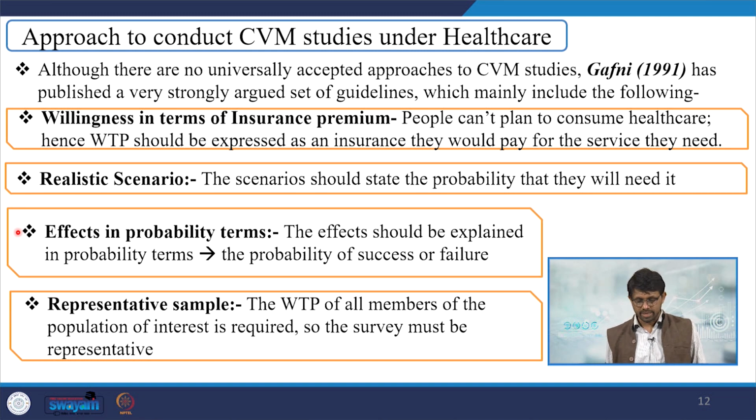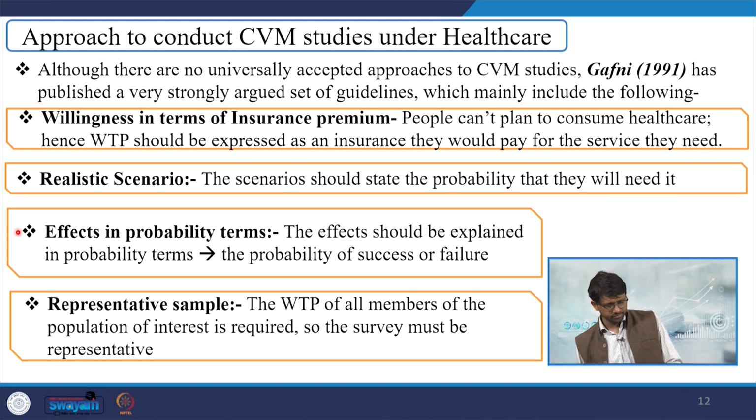The scenario should state the probability that they will need it. Okay, the probability should be very high. Effects should be explained in probability terms, such as the probability of success or failure, etc. Then the representative one, all the members of the population of interest are required, and they must be representative enough.